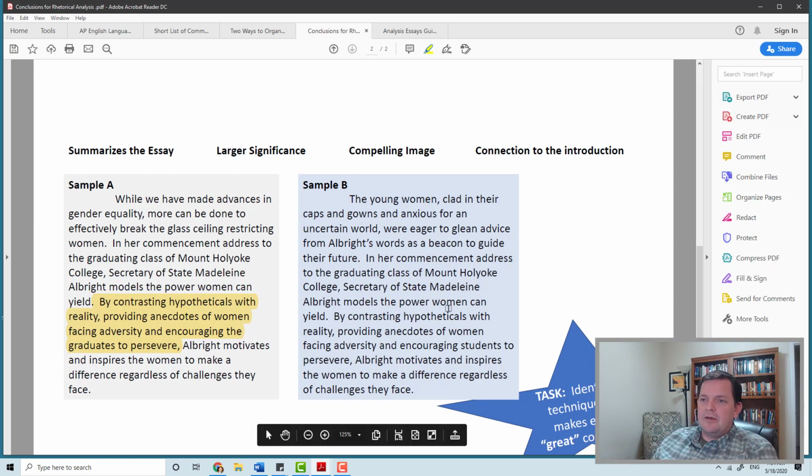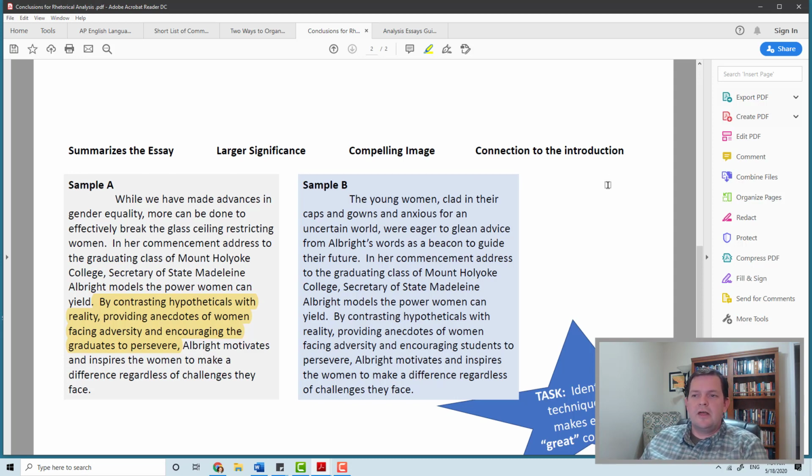Look at this other example. This example, I think, is distinctively better, and we'll talk about why. The young women, clad in their caps and gowns and anxious for an uncertain world, were eager to glean advice from Albright's words as a beacon to guide their future. This is much better, right?